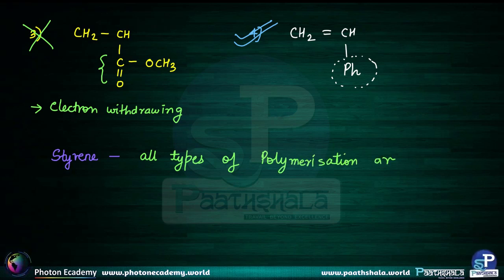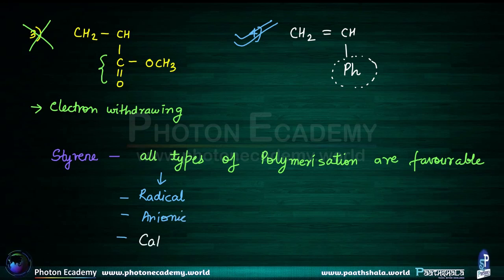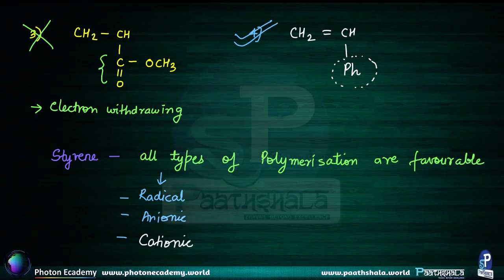By all types, we mean by radical mechanism, by anionic mechanism, or lastly, as we have just seen, the cationic mechanism. So all these three types will be given by styrene. So styrene here becomes a star monomer for us. Okay. So these were the types based on chain growth polymerization.